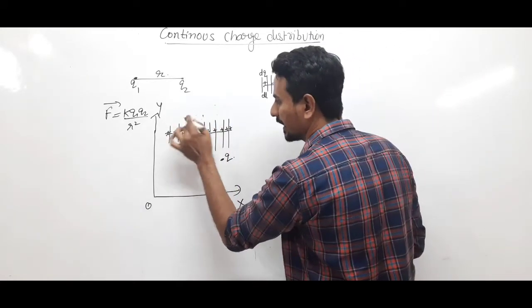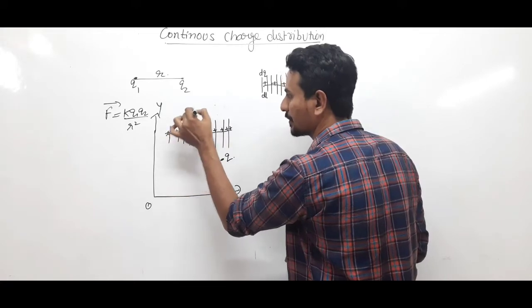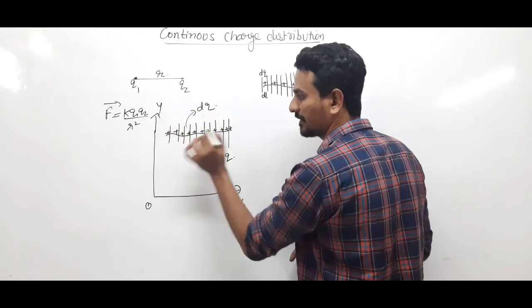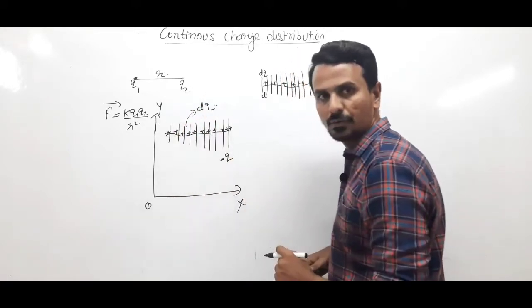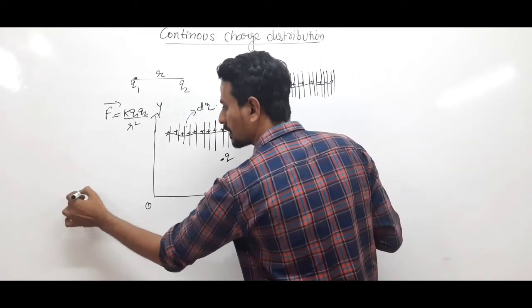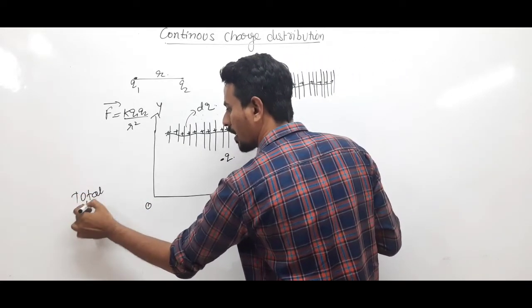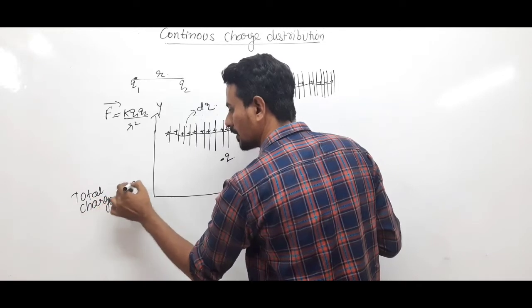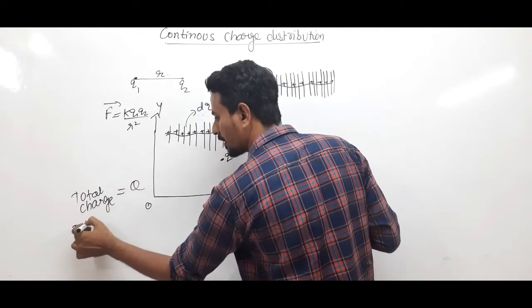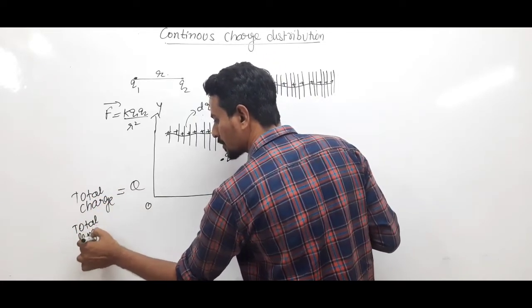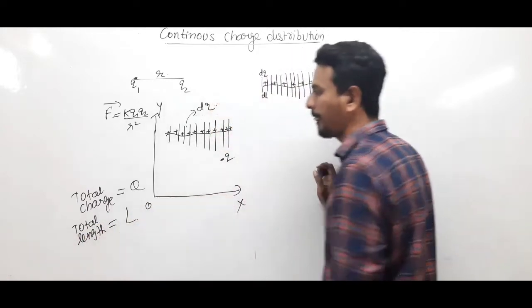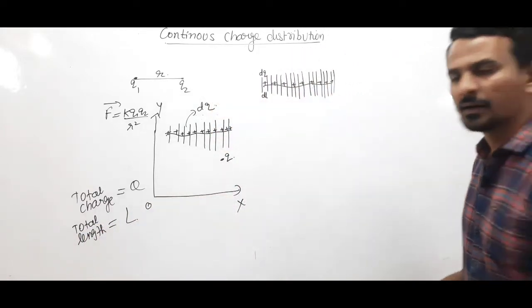let us say any of the charge, let us say this charge is dq, right? This is dq. Total charge is Q. Total charge Q is distributed over a total length L. Clear?